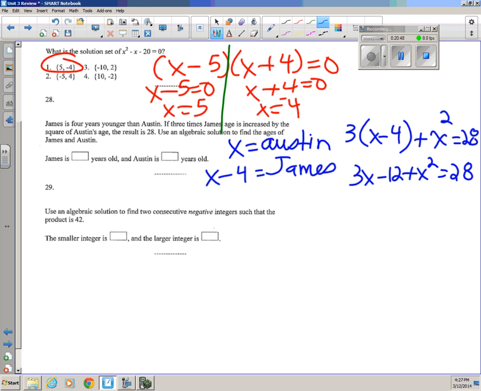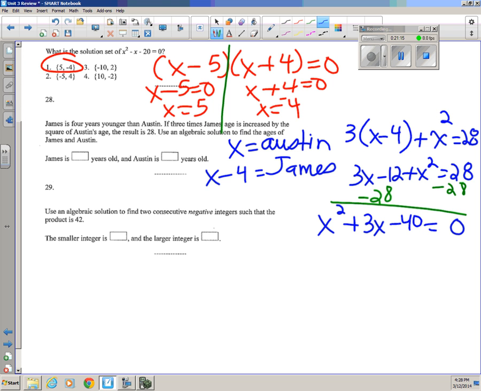We've got to set the equation equal to 0. I need to get this 28 to the opposite side, and I've got to make sure I'm in a form that I can factor, which means x squareds have to come first. Then x's. Well, the x's are positive 3x. And then negative 12 minus 28 becomes negative 40.